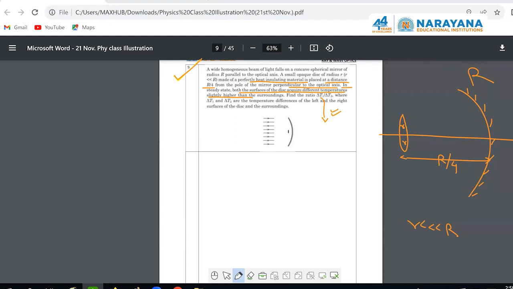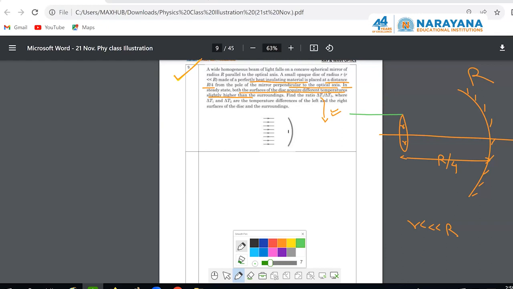So the question is to find out the ratio delta T1 is to delta T2 in the steady state for the given problem. Basically, we have to use the concept of solid angle also. I think that will also be utilized while solving the problem. But the core idea I will give you, what is happening. So let me draw the figure here.